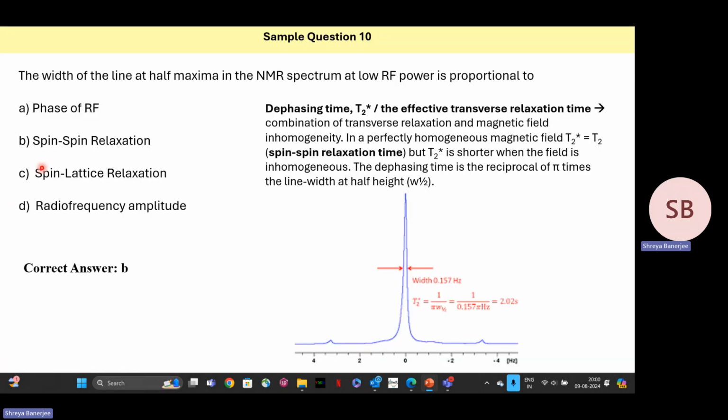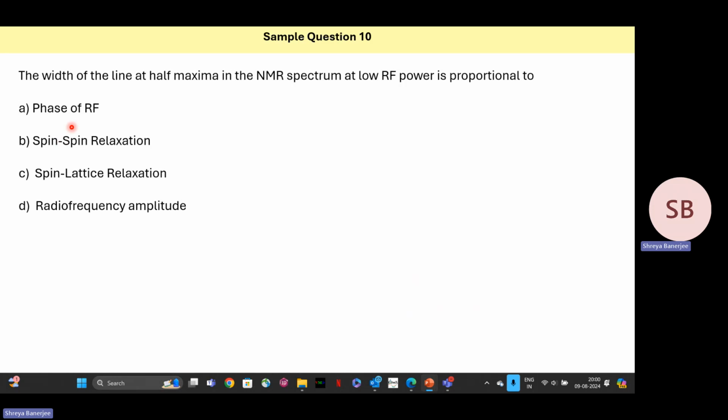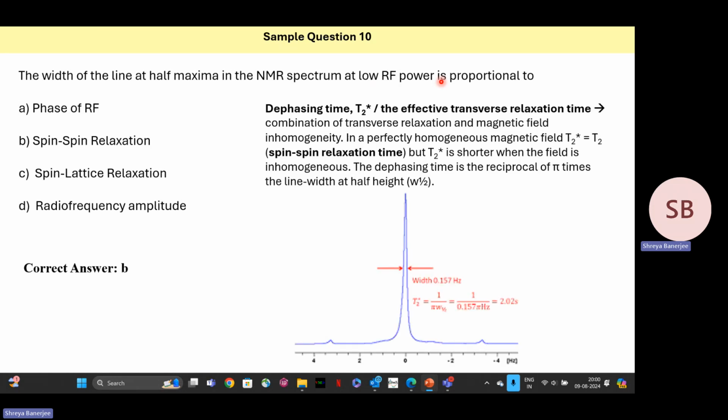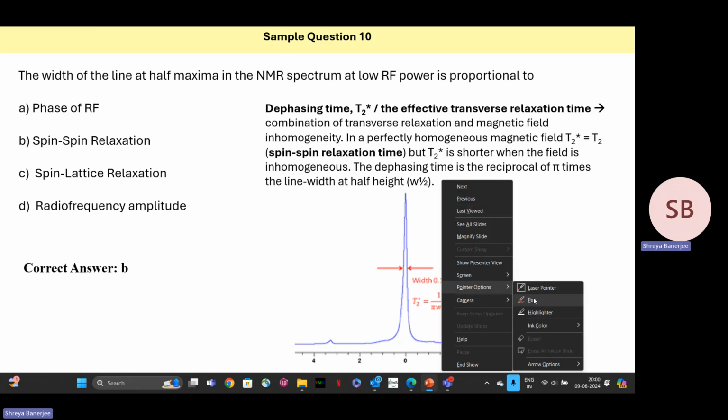Yeah. So it is asking the width of the line at half maxima in NMR spectra at low RF power is proportional to what? So basically the formula to remember here is that T2, that is the transverse relaxation time, is 1 by pi W half. W half is called the full width half maxima. So you have the maxima here.